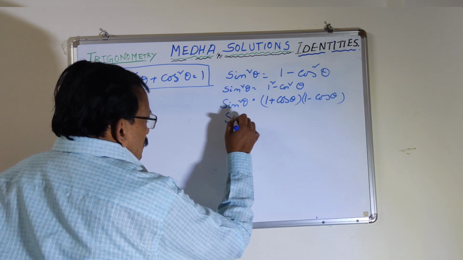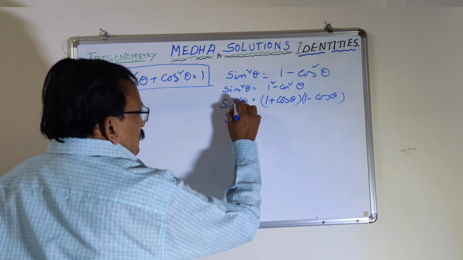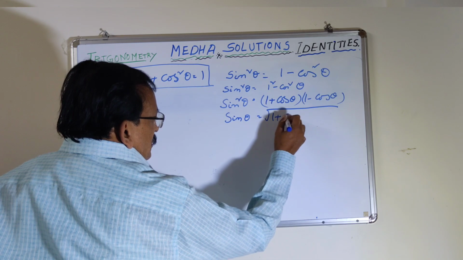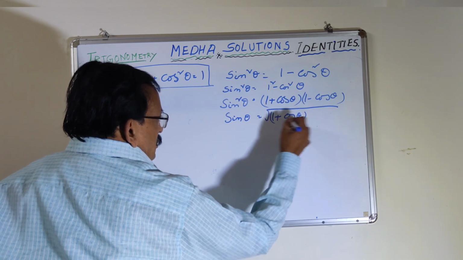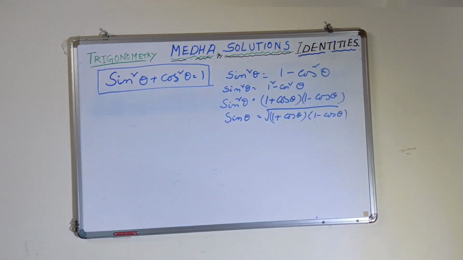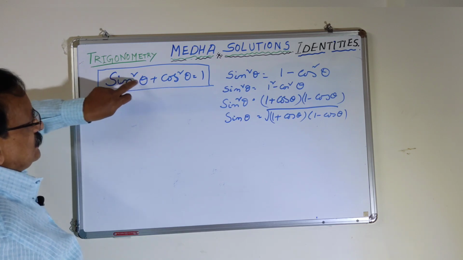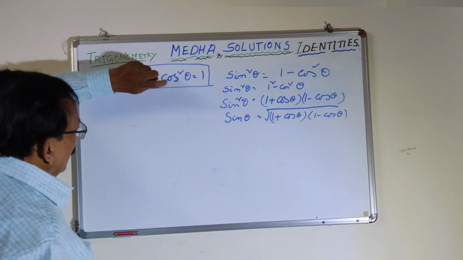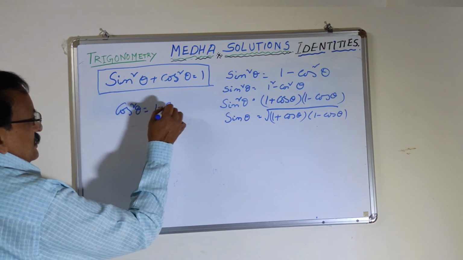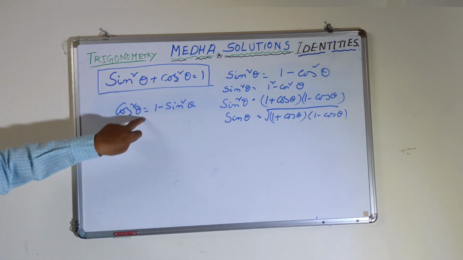Take sin theta is equal to, here the square is there, so if you remove the square you have to write the square root: root over 1 plus cos theta into 1 minus cos theta. This is one conversion. Again, cos square theta is equal to 1 minus sin square theta. Transpose sin square here and you get the value of cos square theta.